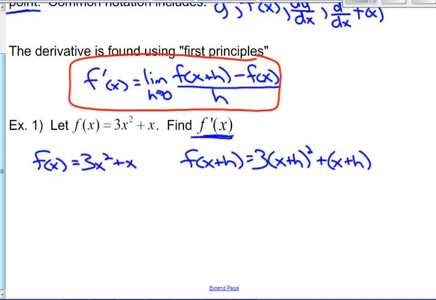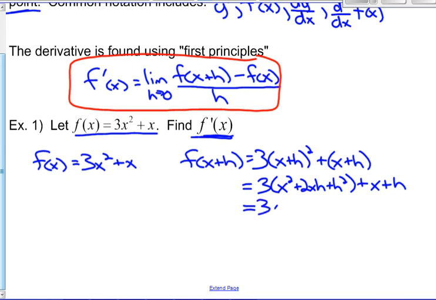I just put an x plus h in wherever I had x in the original function. Work this out, expand this binomial. That's going to give us 3x squared plus 6xh plus 3h squared plus x plus h. There's the function at x plus h.